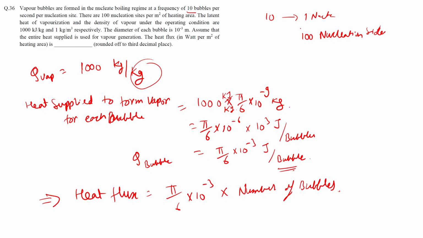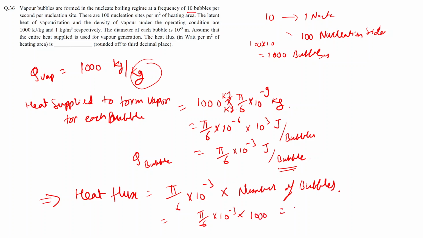So for these 100 nucleation sites, we will be having 100 into 10, that is total 1000 bubbles. So we can multiply this by 1000. That will become pi by 6 into 10 raised to minus 3 into total number of bubbles, that is 1000.